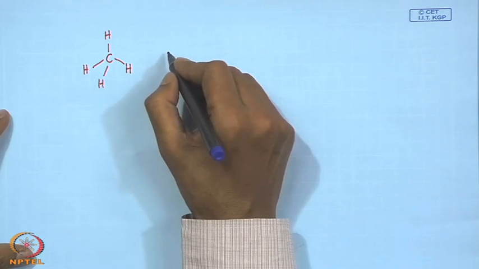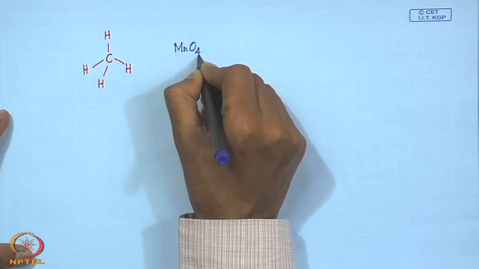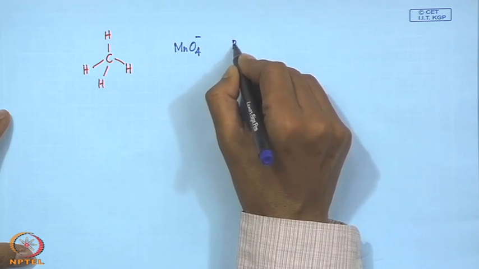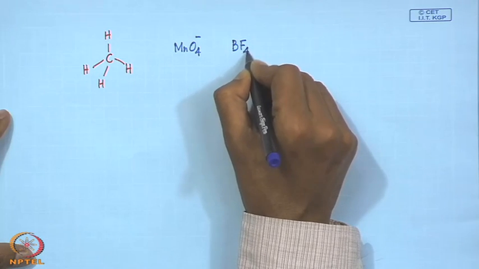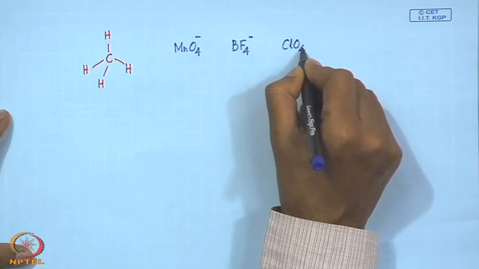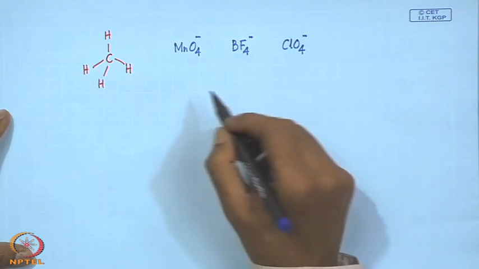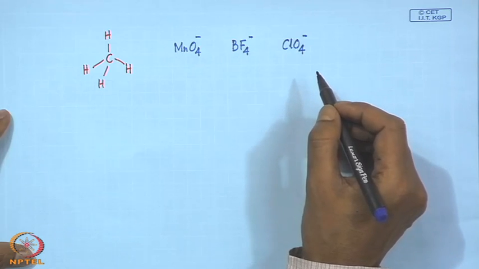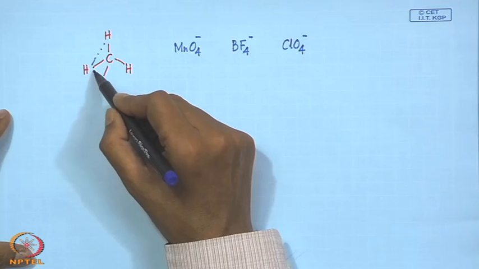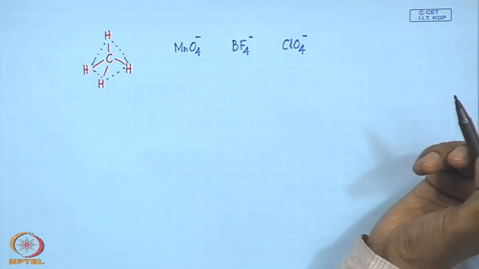Similarly, MnO4 minus, which we have just seen, then the tetrafluoroborate anion, then the perchlorate anion. All these are typical examples of coordination number 4 in a tetrahedral environment.